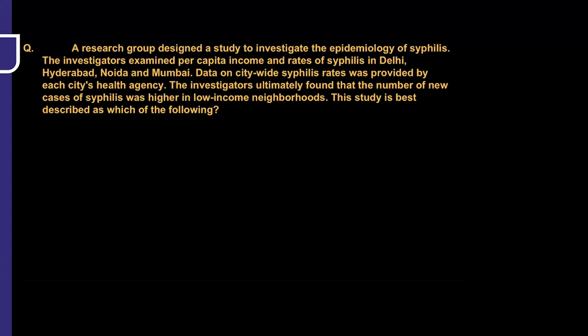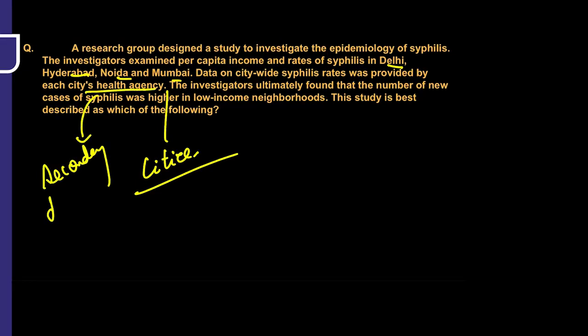Look at this. The research group designed a study to investigate the epidemic of syphilis. The investigators examined per capita income and rate of syphilis in Delhi. Now you can see Hyderabad, Noida, Mumbai. So what are we doing? Populations. We are studying cities. Data on citywide syphilis rate was provided by a health agency. So as a researcher, I am not collecting data. I am relying on secondary data, which is already collected data.